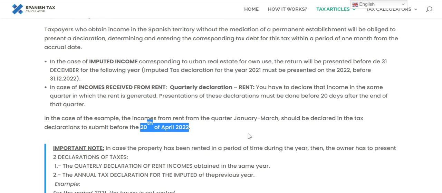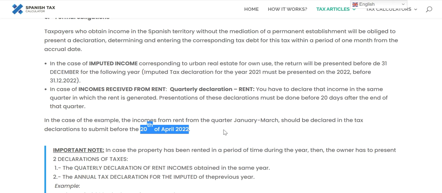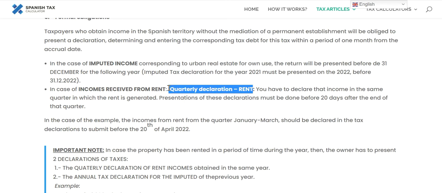But an important note, please pay attention: in case the property is rented, you have to present two tax declarations. The one for the imputed income for the time that the property has not been generating incomes, that has been empty or used privately by the family of the owner, and the second one for the declaration of the rent obtained that year.